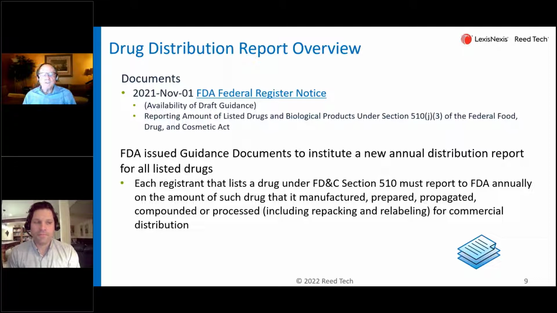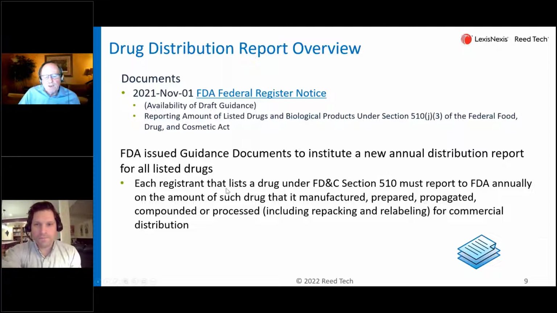And this is a critical point to understand whether or not you're in scope. If you are responsible to list the drug, then that responsibility is now carried forward for you also to report the drug distribution information.